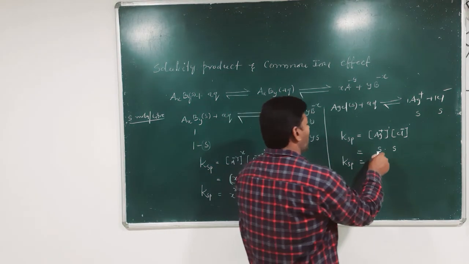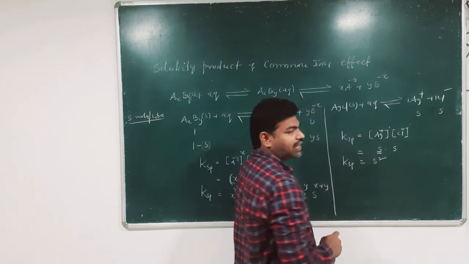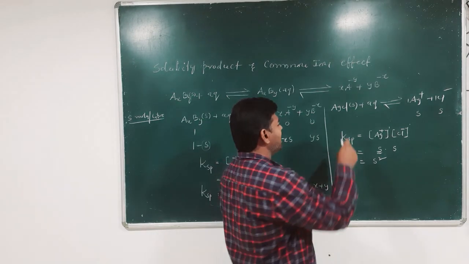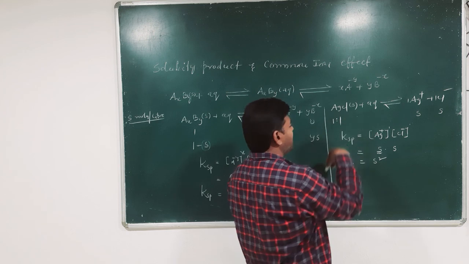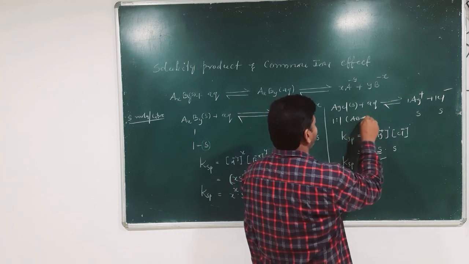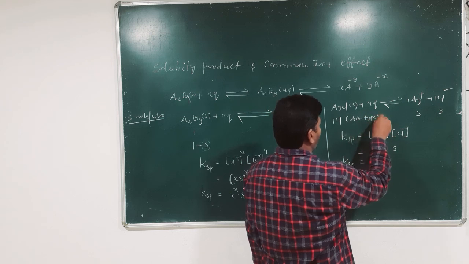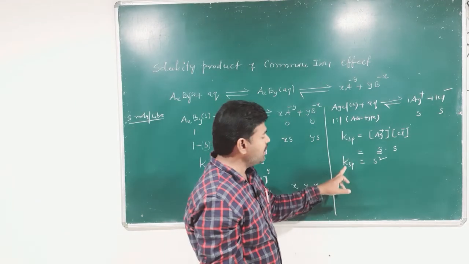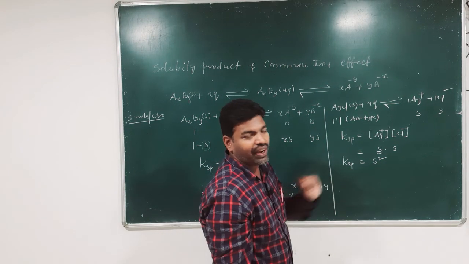This S is called molar solubility. AgCl is a 1:1 type, that is, an AB type of electrolyte. For an AB type of electrolyte, the solubility product is S square.